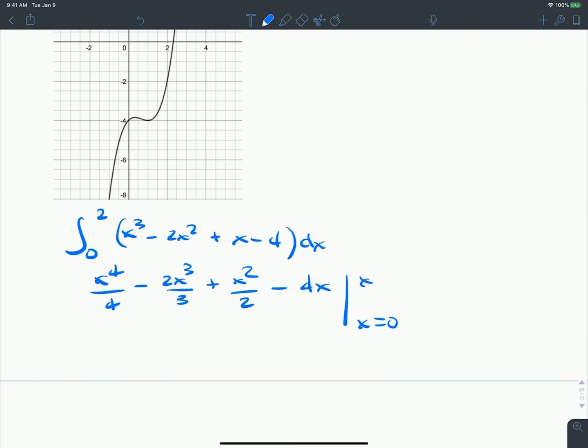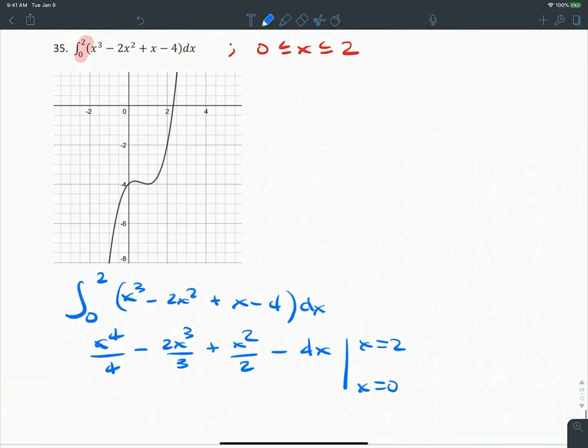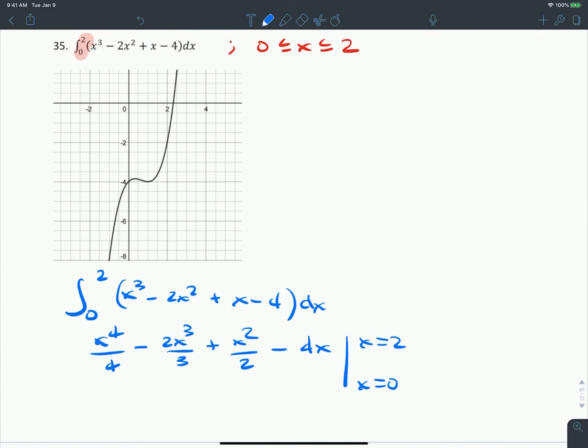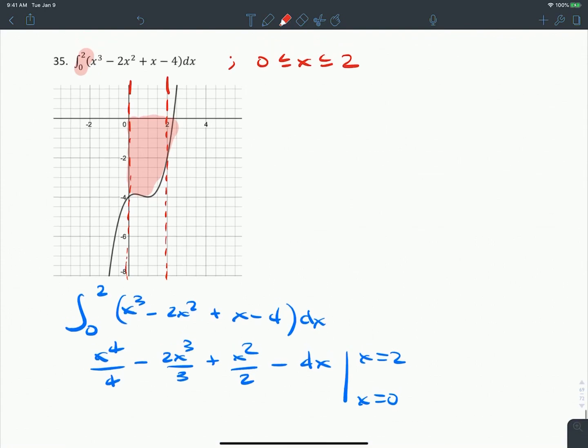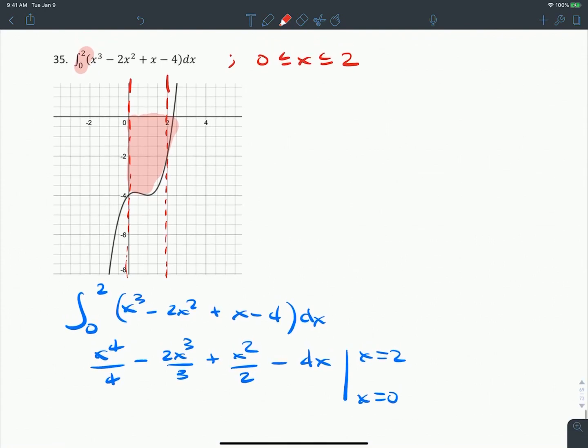This is my antiderivative function. So let's remember here, since x is 0, here's my 0 axis, or my vertical line, and then x is 2 here. So let's remember an important detail, that the area here between 0 and 2 is below the x-axis, so this final answer is going to be negative here for this integral.